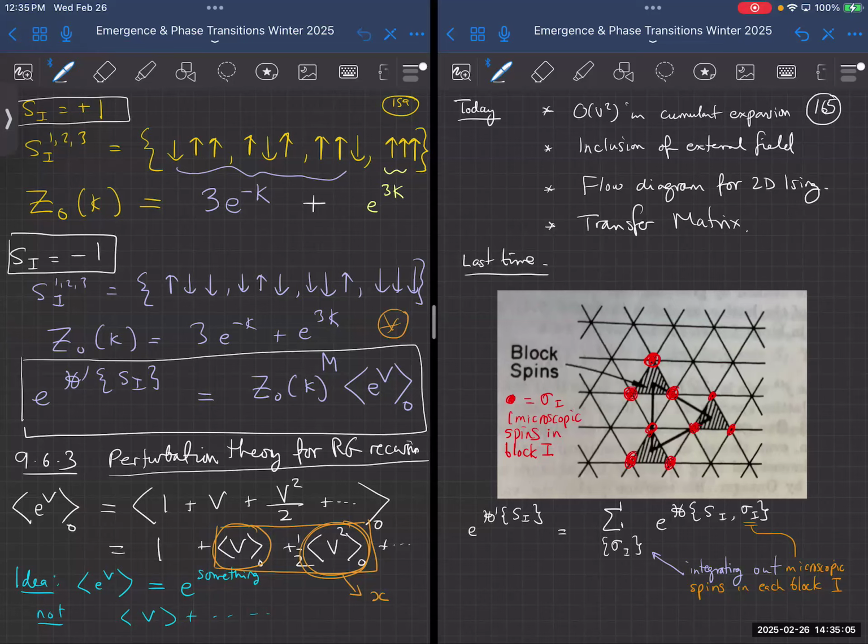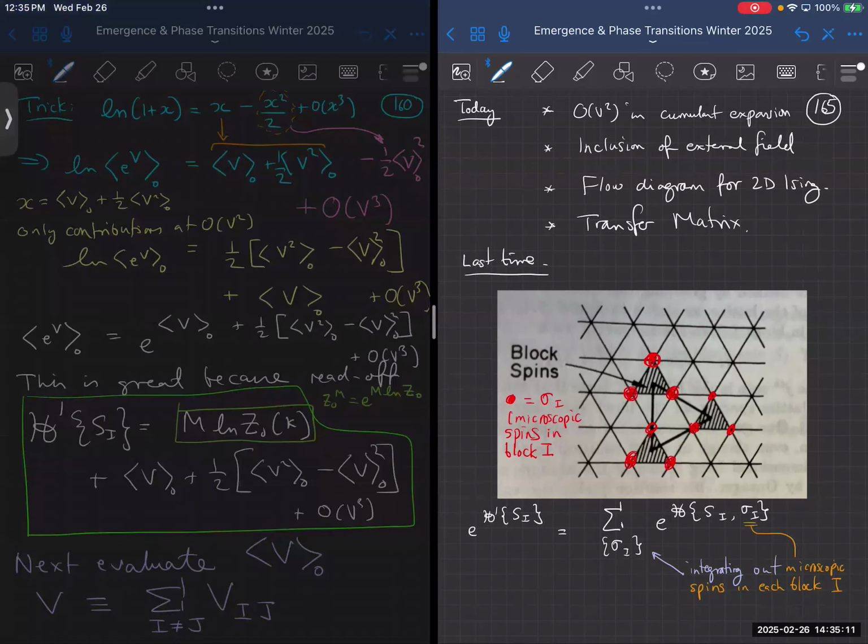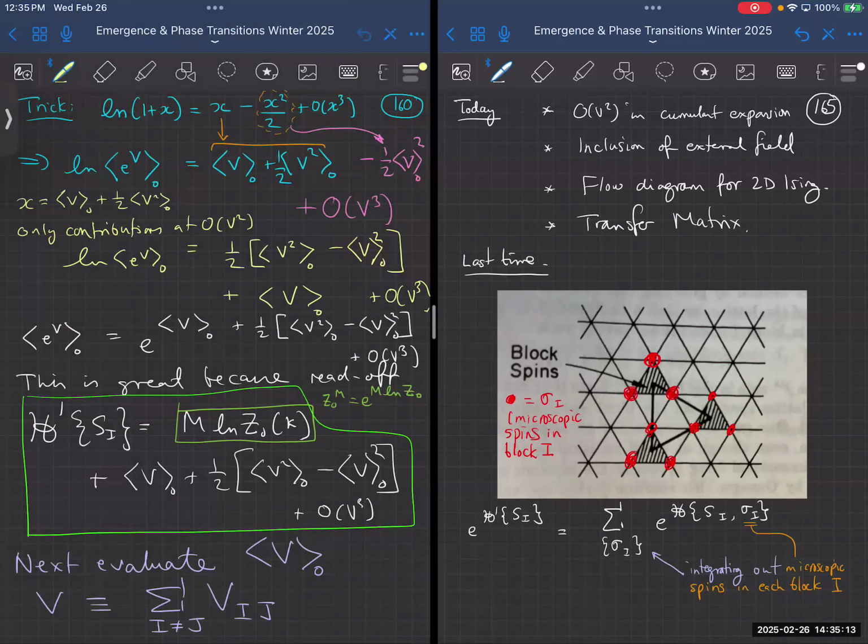When we take the logarithm, what we find is that the expansion for the expectation value of e^V is what is shown here in the middle of the left-hand panel. It has this very important form, which you'll see over and over again in statistical mechanics, in quantum field theory, in statistics.